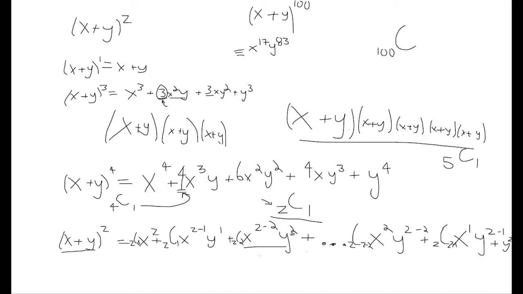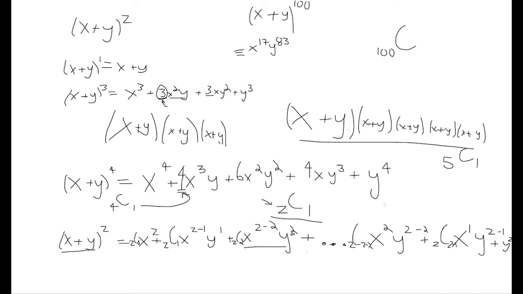I forgot to mention this, but down here in the formula, for all of these combinations, you notice it's z choose 1 when y is to the 1 power, z choose 2 when y is to the 2 power, z choose z minus 2 when y is to the z minus 2 power. It's whatever the exponent is for the y, because that's how many y's we're picking out.